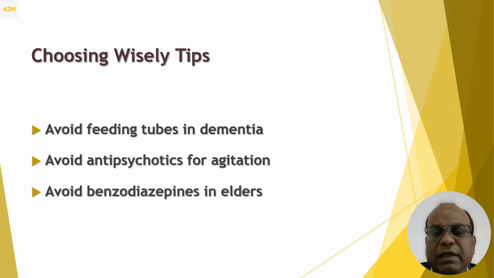Benzodiazepines and sleeping pills should also be avoided because they cause confusion and falls. We also avoid treating urine bacteria if there are no symptoms. Many older adults have bacteria in urine, but treating it with antibiotics causes more harm than benefit. So we avoid overly tight blood sugar targets.